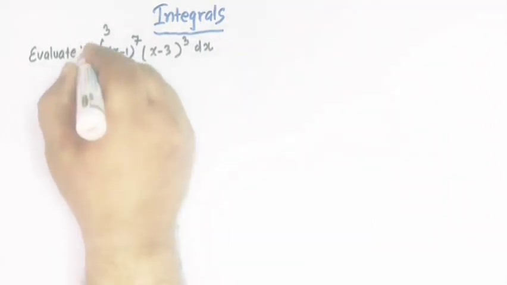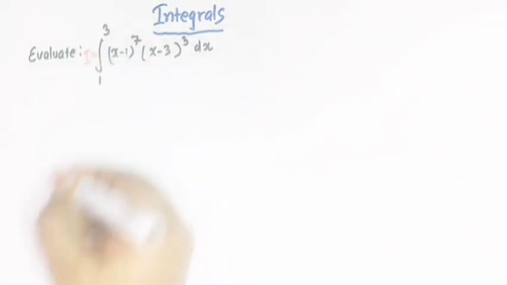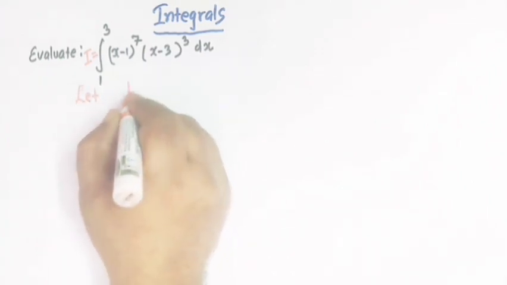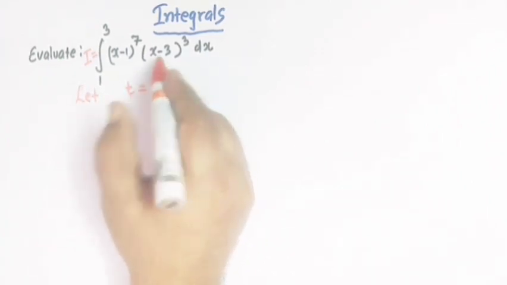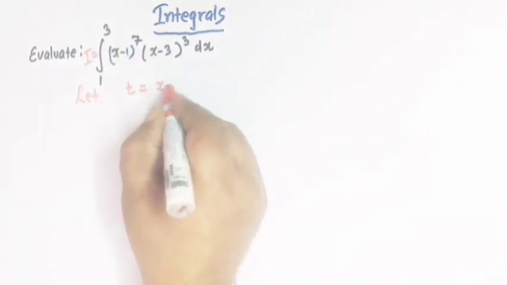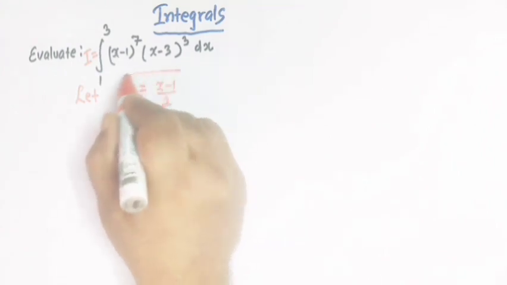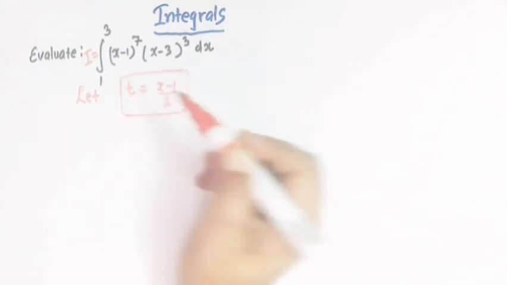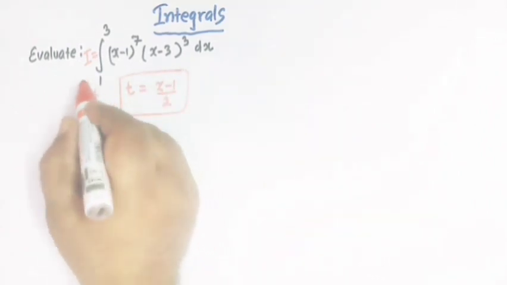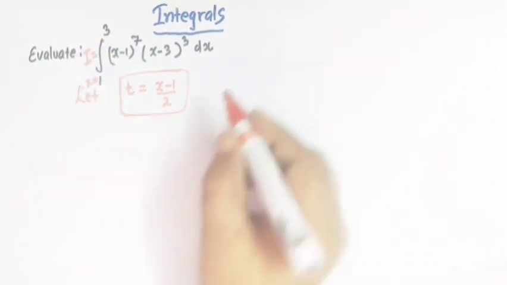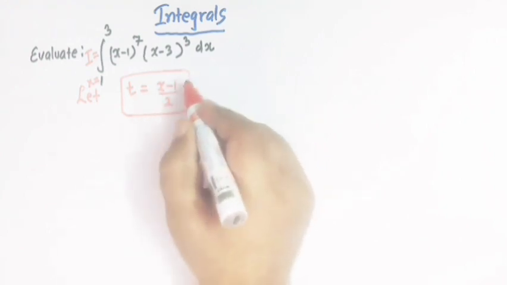So let us first call this integral as I, right? So here I will make an important substitution, and let us substitute t is equal to (x minus 1) over 2, right? So here this is an important substitution. Okay, now see here x varies from 1 to 3, right? So let us change the limits accordingly.